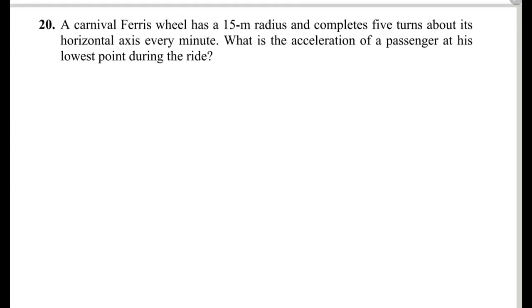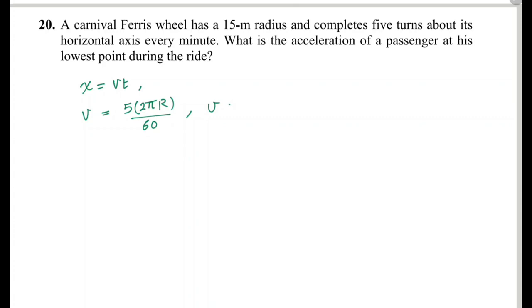A Carnival Ferris wheel has 15 meter radius and completes 5 turns about its horizontal axis every minute. What is the acceleration of the passenger at this lowest point during the ride? Now x in this case equals vt, and x is the circumference of the circle, and it completes 5 turns, so 5 times 2 pi r divided by 60, since it's in a minute, so 60 seconds.